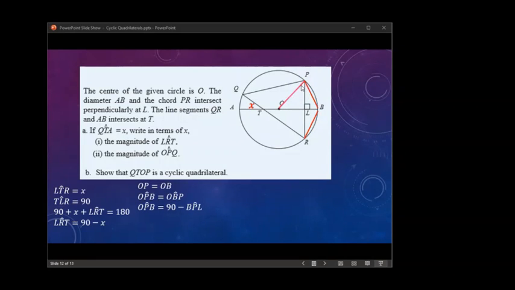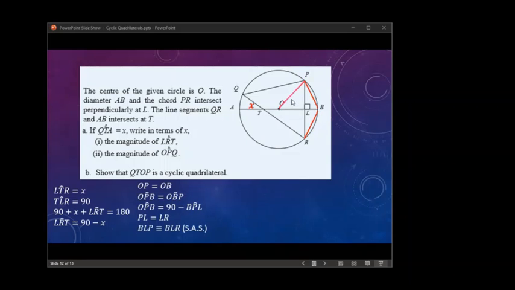This angle OPB is equal to 90 minus BPL. From the geometry you can see that, and PL is equal to LR because OL is perpendicular to the chord PR, and that is drawn from the center point. So that bisects the PR segment. So PL is equal to LR.